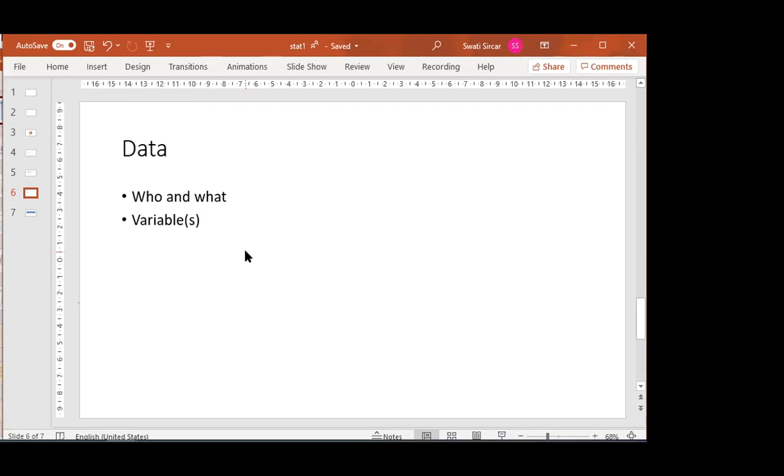At the same time, we need to keep in mind that it's not a single number, so you cannot combine the numbers together. Blood pressure is data with two variables, the systolic and the diastolic.